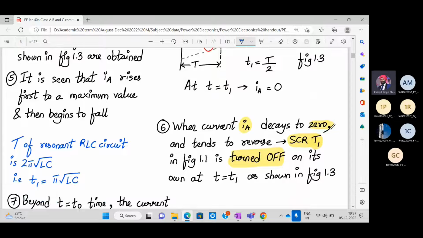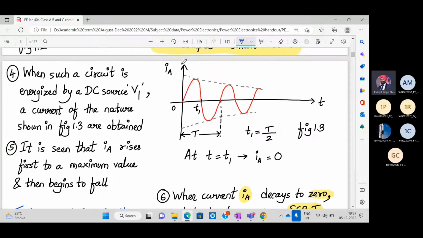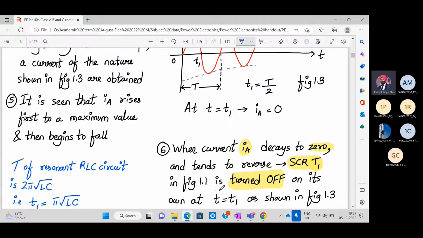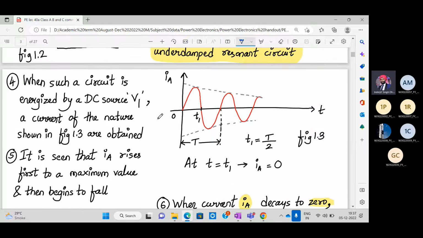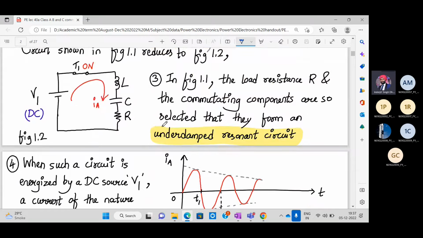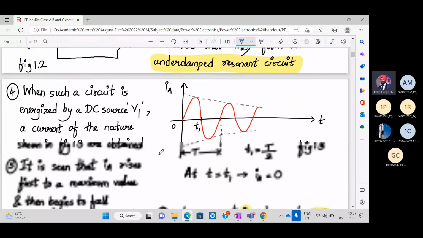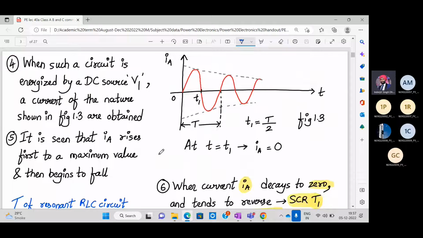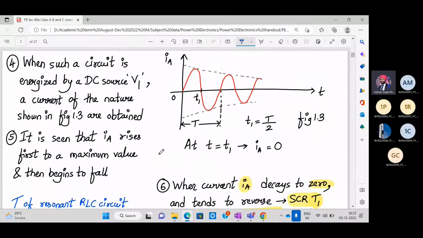As the current IA decays to 0 it tends to reverse, but before that, as soon as the anode current reaches 0, the SCR T1 will turn off on its own. Because we have connected this RLC network such that their values are selected to form an underdamped resonance circuit. So this is how your SCR is turned off forcefully in class A commutation.